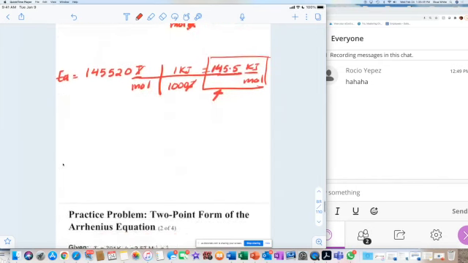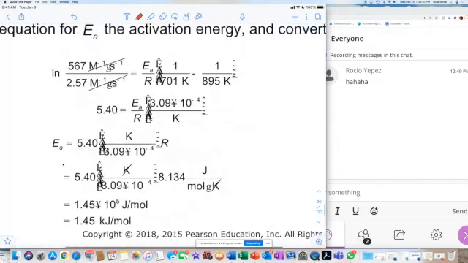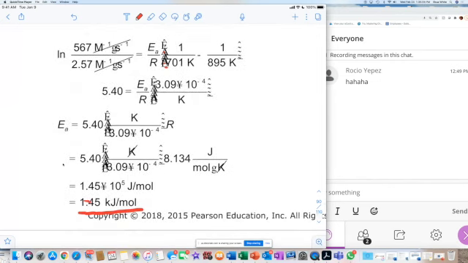Okay, so 145. Let's see. They do stuff. They get this. Excuse all the stuff here. It's all about a formatting thing that happened, but they get 1.45 kilojoules per mole. I don't know how they messed that up. It shouldn't be 1.45. It should be 145 because you see over here they have 1.45 times 10 to the power 5. 1, 2, 3, 4, 5.